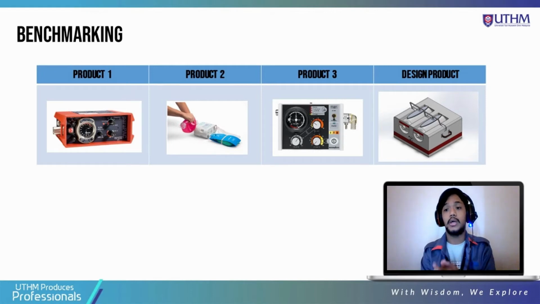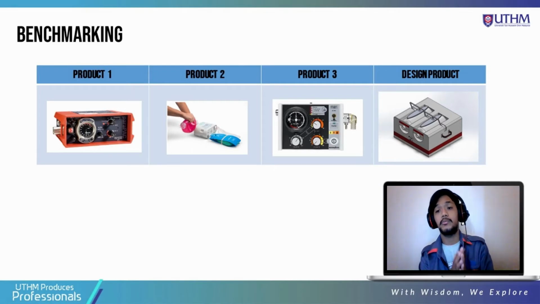Product 1 and product 3 use electricity and also a battery pack, while product 2 does not require any power source. Product 1 and product 3 are expensive and heavy. Thus they can be portable, but it's not convenient because they are very heavy, while product 2 is lightweight and more affordable, but still expensive if you look at the product.